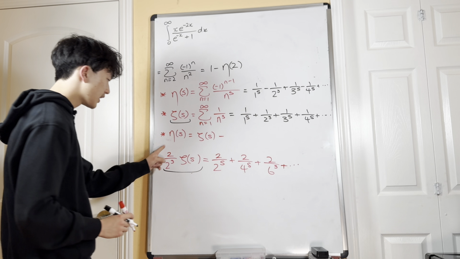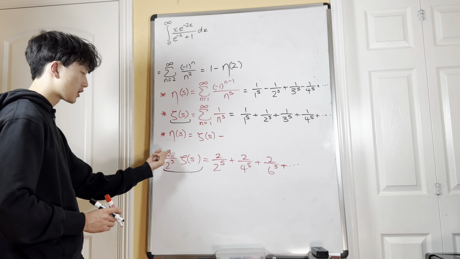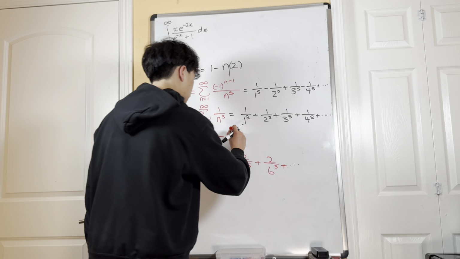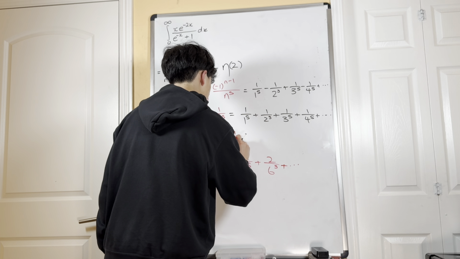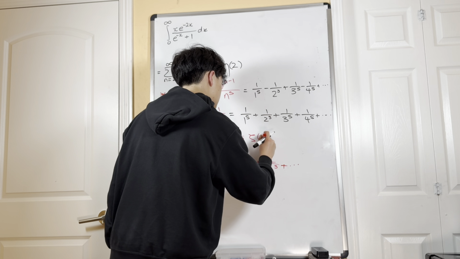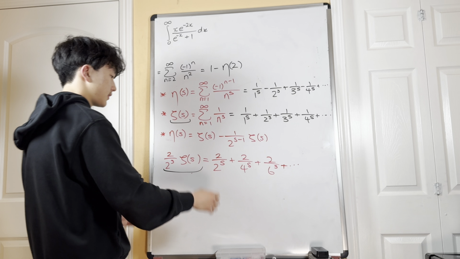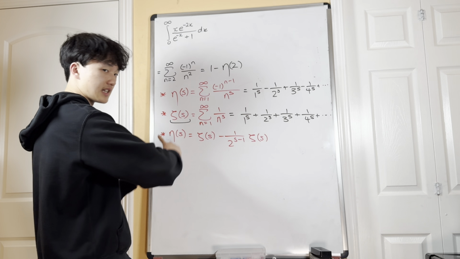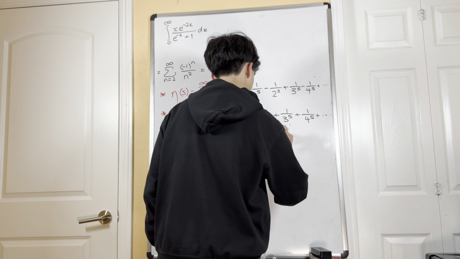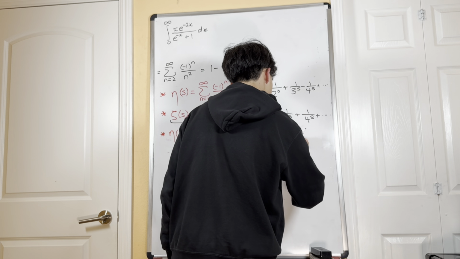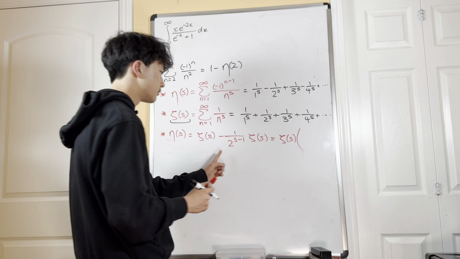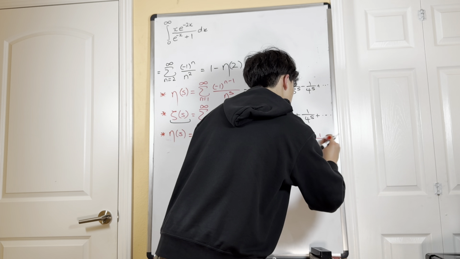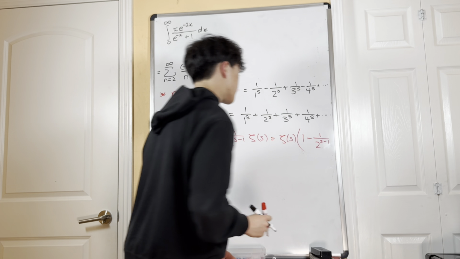I'm going to rewrite this slightly, combining this 2 with the thing in the denominator, so it becomes 2 to the s minus 1 times zeta of s. And you can rewrite that nicely by factoring out a zeta of s, and what you get is zeta of s times 1 minus 1 over 2 to the s minus 1.